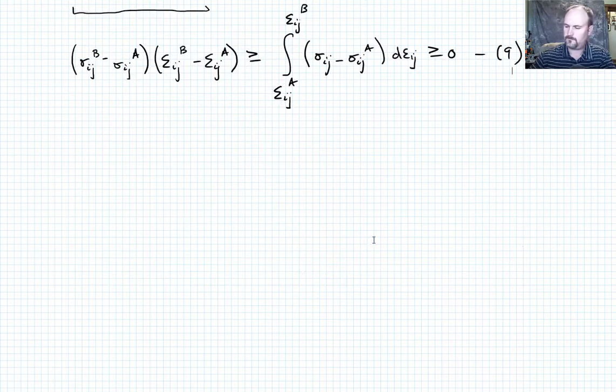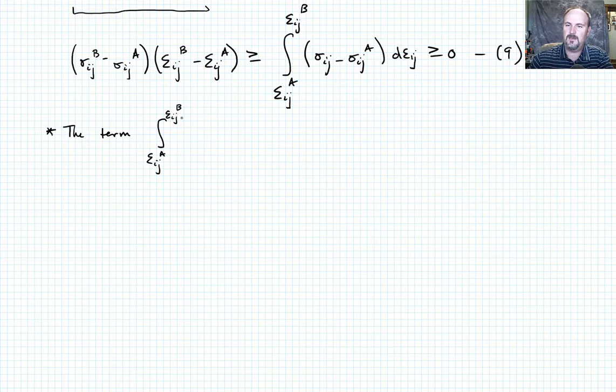Okay, so we've come to a point where we need to think about what we've just done. First, I want to define the term that's in the integral. That term, the integral from epsilon ij a to epsilon ij b of sigma ij minus sigma ij a d epsilon ij, is called the net stress work.